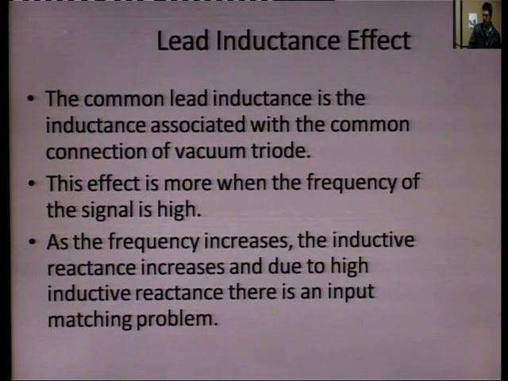This magnetic field will cause an induced EMF in the wire, and that EMF will oppose the cause which generated it. So, this wire will offer some inductance, inductive reactance. So, some input voltage will drop across the lead.